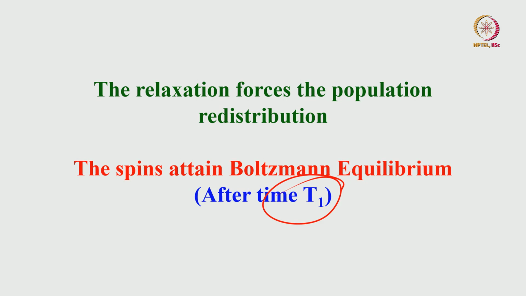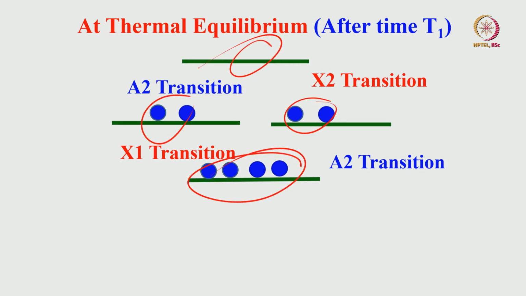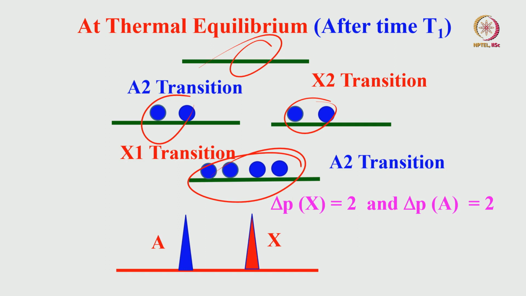You see the difference. Immediately after putting the sample is one phenomenon. Now I have waited for some time. Let us see what the population difference is. See, some redistribution has taken place. Now there are 4 spins here, 2 here, 2 here and no spins here. But never be under the impression there are no spins in the beta beta state.